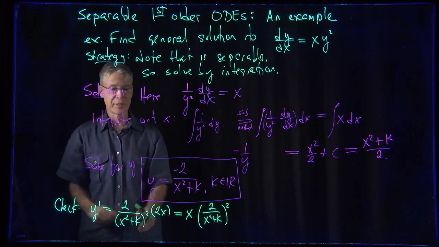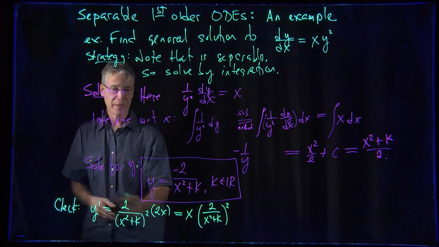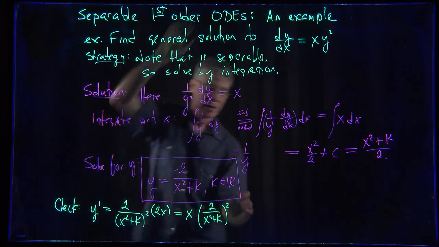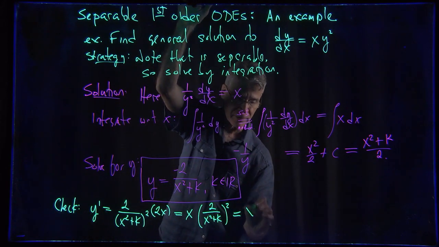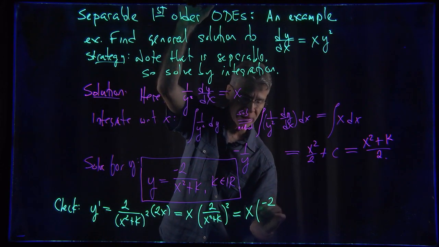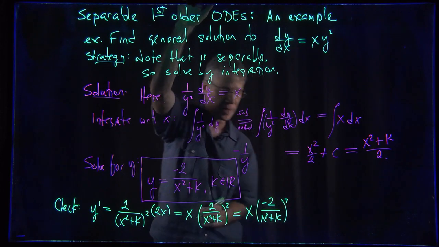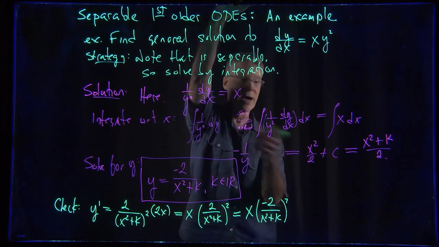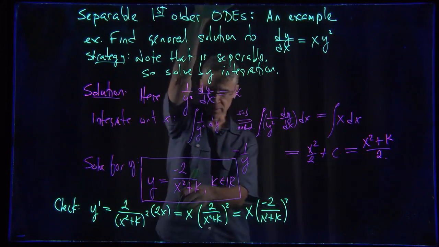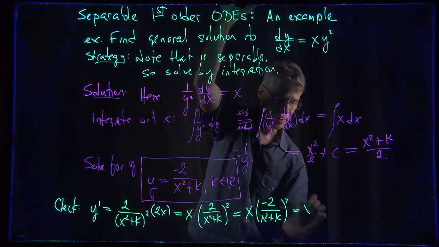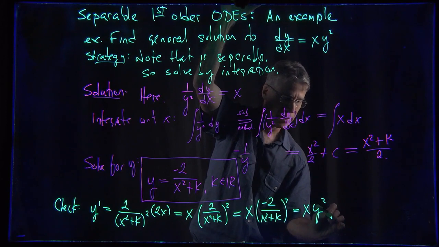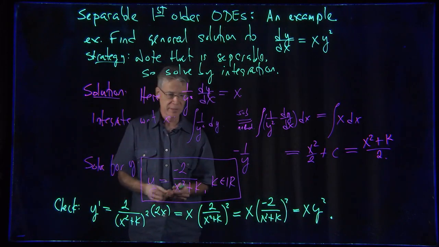There's a bit of manipulation there, and there's one extra x lying around. Of course, that's not going to change if I write that as x times minus 2 over x squared plus k, quantity squared. And that's exactly what our y was. There it is. So this becomes xy squared, and we've solved our differential equation.